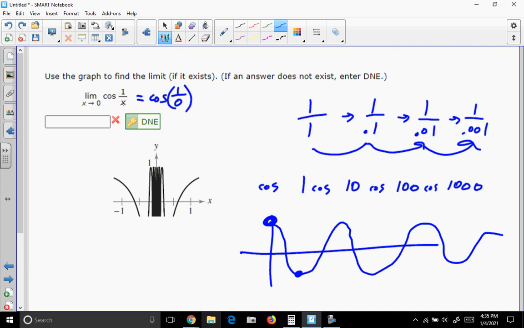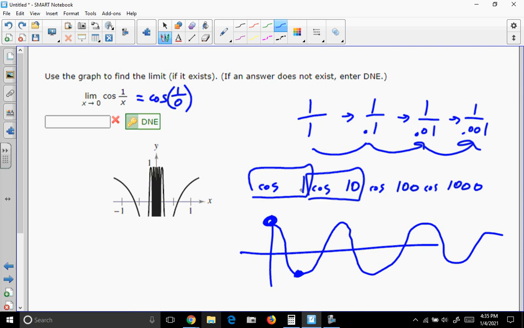So for various x's, sometimes we're going to get an answer for which cosine of that value is 1, not in this case. Sometimes we're going to get cosine of something that has a value of -1. Again, not necessarily those exact cases.